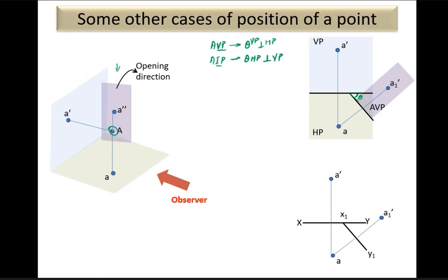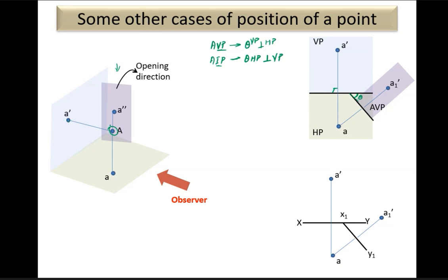And we have our projectors perpendicular to those planes in which we are projecting. So always remember this: these lines are always perpendicular to the projectors or the projecting planes.